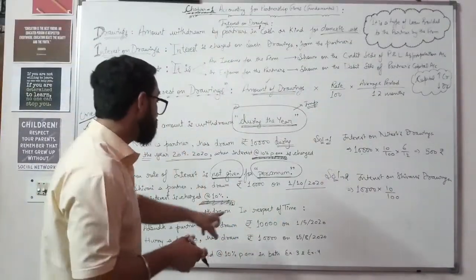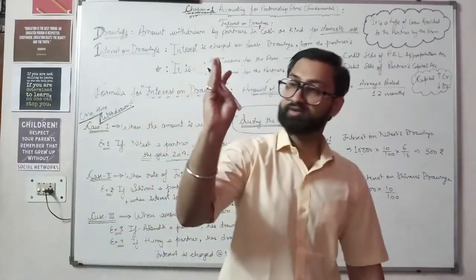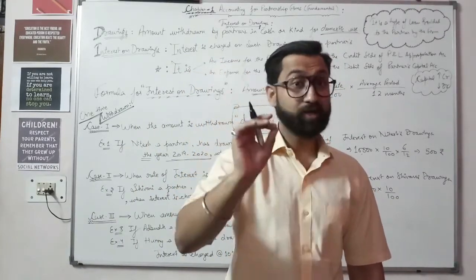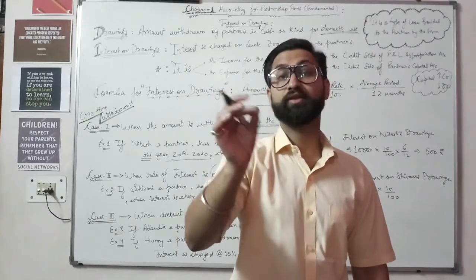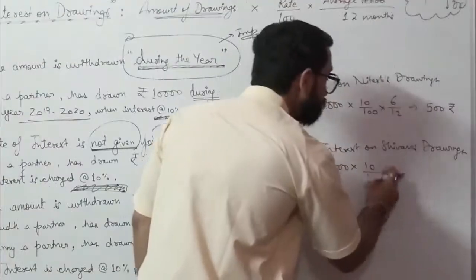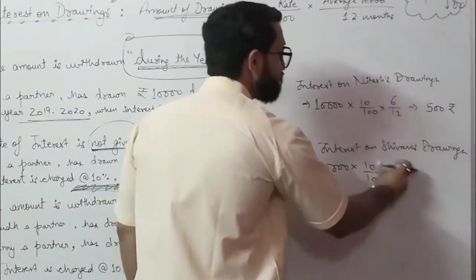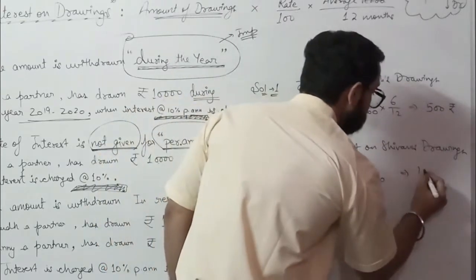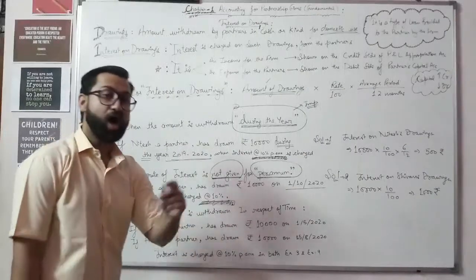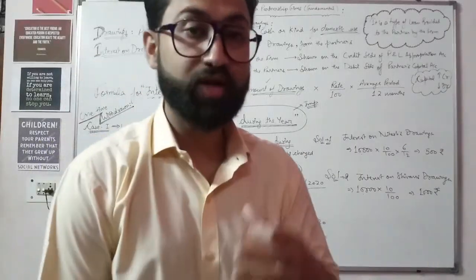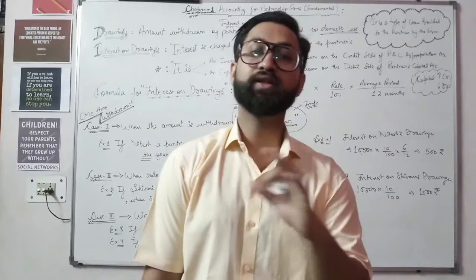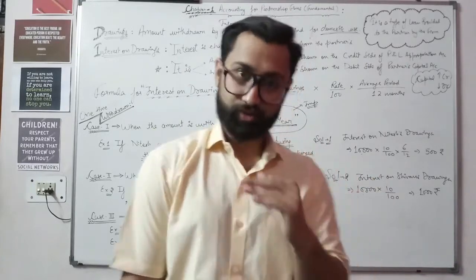Even if we calculate from October, November, December, January, February, March, we should charge for 6 months. But if per annum is not written, in that case you have to charge it for the full year. That means you should not consider writing an average period in this type of case. Now the answer is straightforward. These two are very important for board exam 1 mark questions, whether objective, fill in the blanks type, or a simple indirect question.